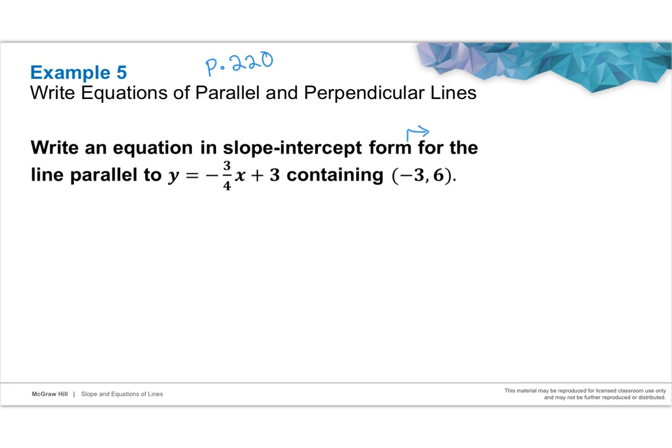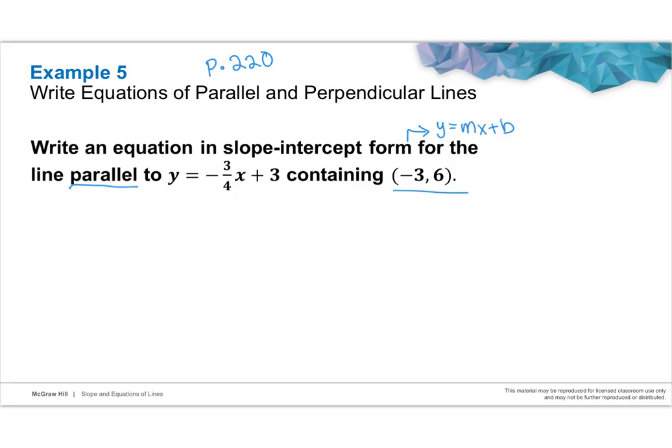So remind yourself what that means: y equals mx plus b, for the line that is parallel to y equals -3/4 x plus 3 and goes through the point -3, 6. Notice we have a slope that we can read off, and we have a point.